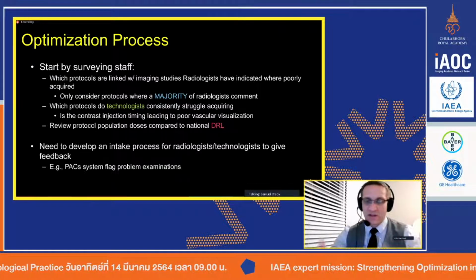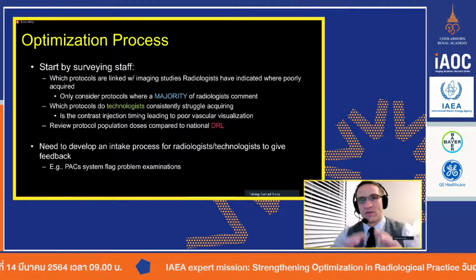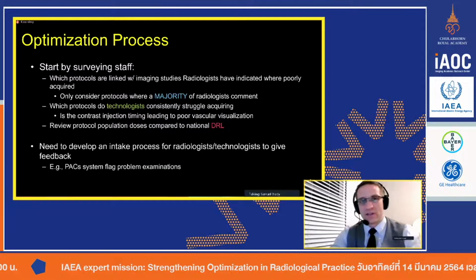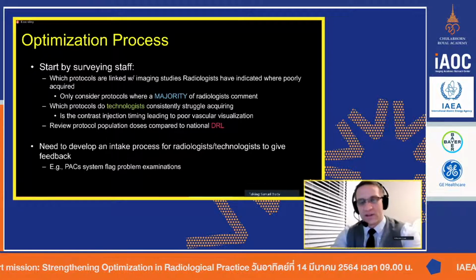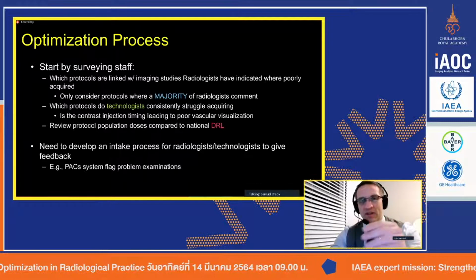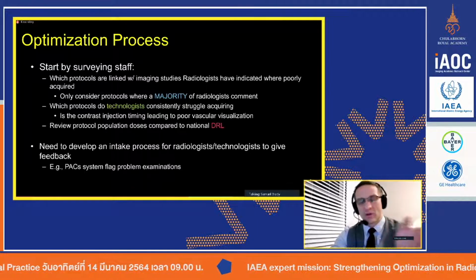Other hospitals I know around, here in the US, they'll create their own little survey system where after they complete their review and they've finalized their report, another screen will pop up and say, was this study sufficient? Was the image quality of this study sufficient?